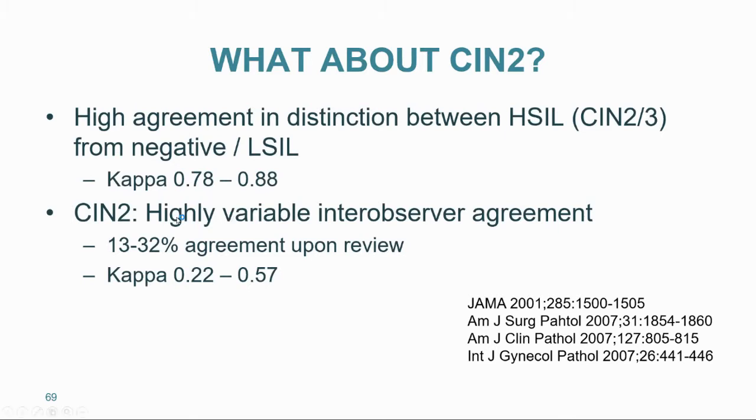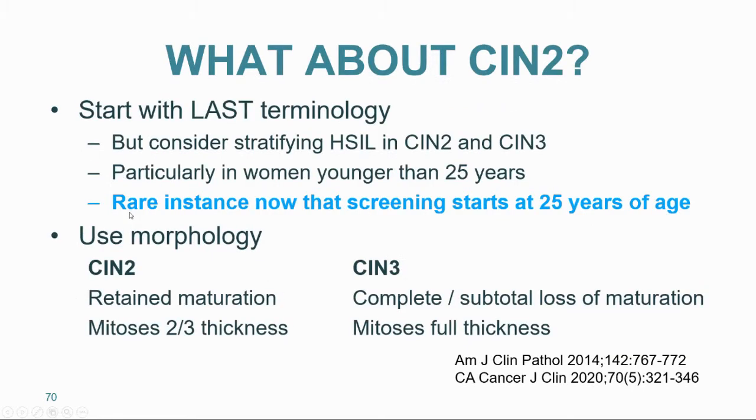And on top of that, the diagnosis of CIN2, or moderate squamous dysplasia, has highly variable inter-observer agreement. The kappas are not nearly as good as in the distinction between LSIL and HSIL. And it's for those reasons a diagnosis that is difficult to make.